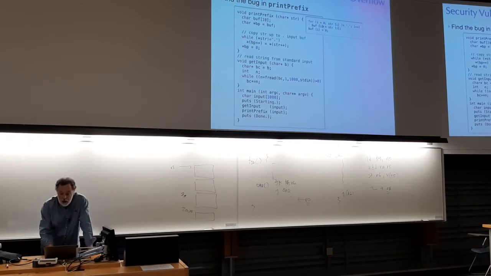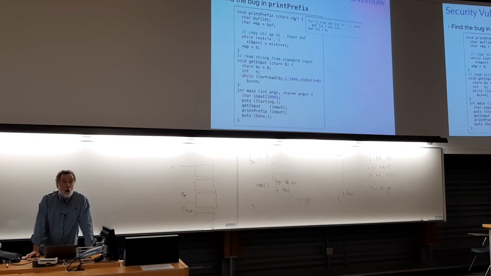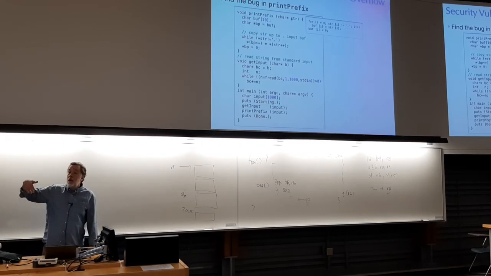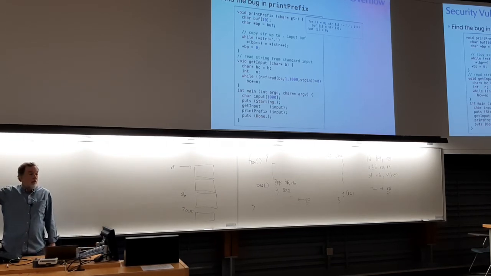Which, if the input is properly formed, perhaps it'll always be in the first 10 characters. Okay? But it doesn't check to see if it is, and so if the string is malformed and the first dot is beyond 10, then it's going to overflow that array.